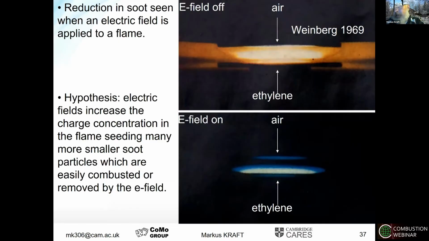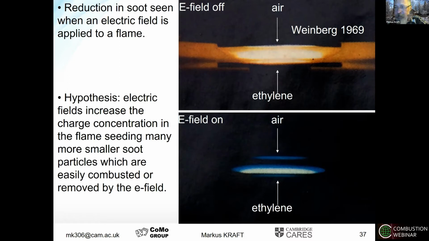So far, so good. We learned from all this that pure physical forces don't describe the inception, and also the particles that are represented, that you get through flat PAHs, don't look like what we see in soot experiments. We then looked further through the literature, and in 1969, Felix Weinberg did these beautiful experiments of counterflow diffusion flames and put them into electric fields.